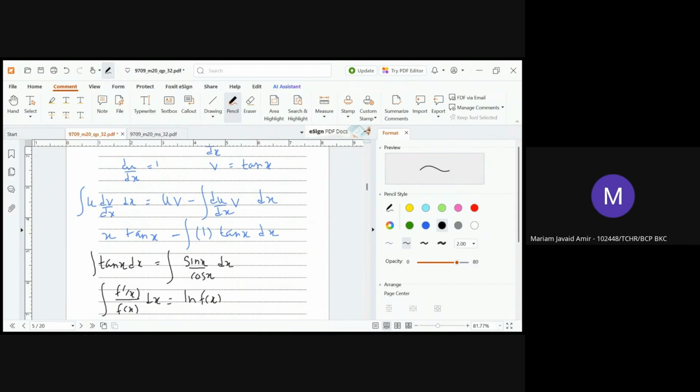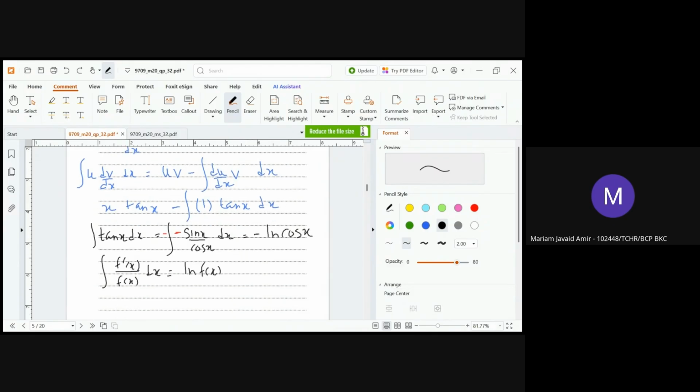Now we have cos x in the denominator, but the derivative of cos x is negative sin x. So we need a negative in the numerator. You can write a negative sign here and a negative sign here to cancel it out. So we get negative ln cos x. That's the integration of tan x.